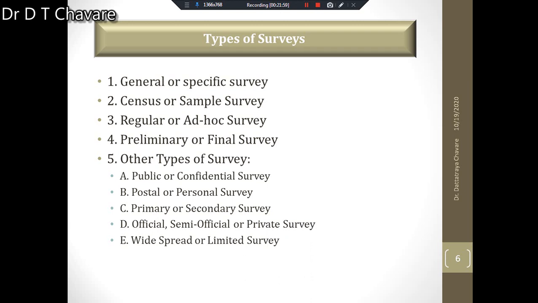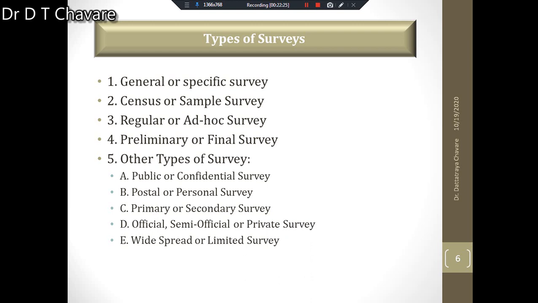The next type of survey is also mentioned here, preliminary or final survey. Preliminary survey refers to the pilot study conducted to obtain first-hand knowledge about the universe and the phenomenon under study.